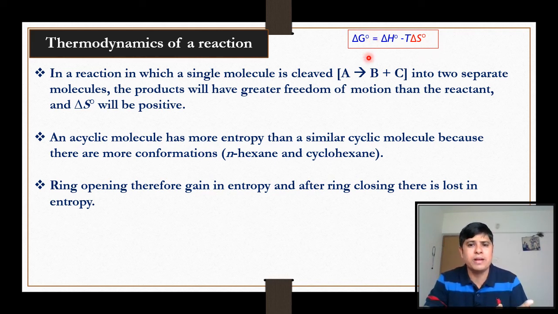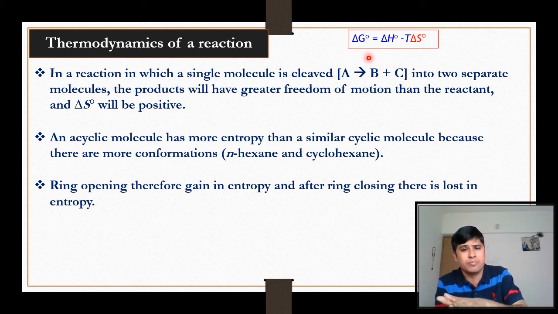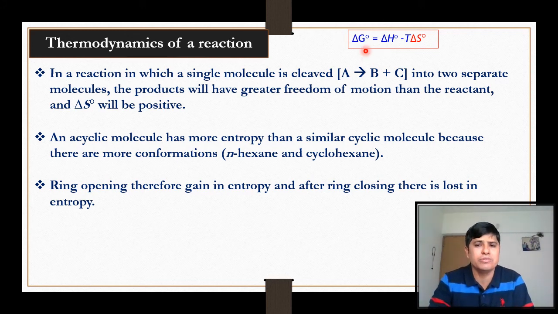That means for a favorable reaction, the product should be more stable than the reactant. If the product is more stable than the reactant, we will have negative delta G. That comes when we have negative delta H, when more energy is released at the time of bond formation, that is, when a stronger bond forms and there is more release of energy.